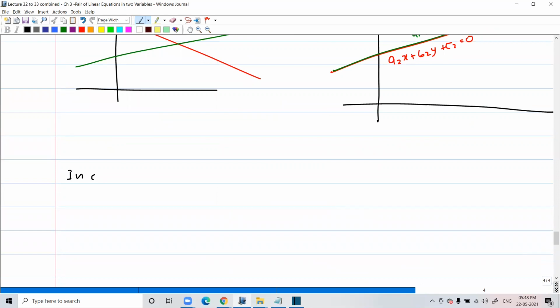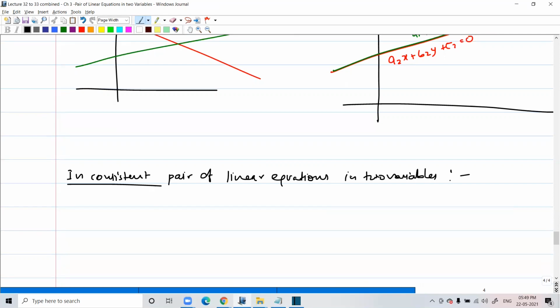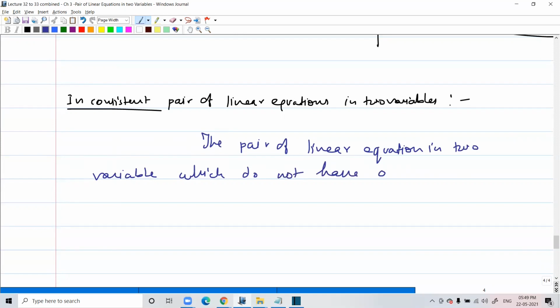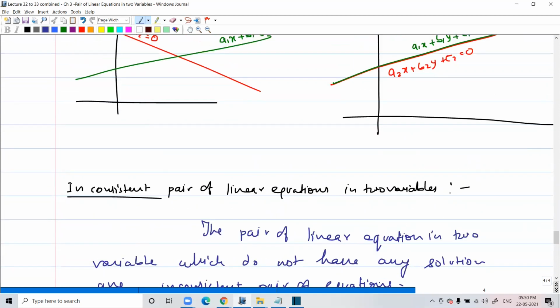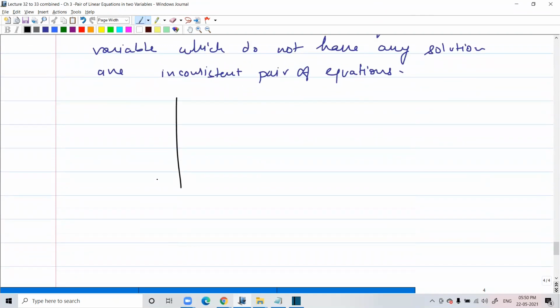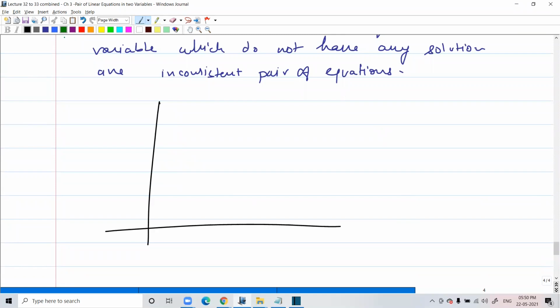Just the opposite. In this case, the graph will be parallel. Everyone understands that, hopefully. The graphs will be parallel with each other so that they never meet.